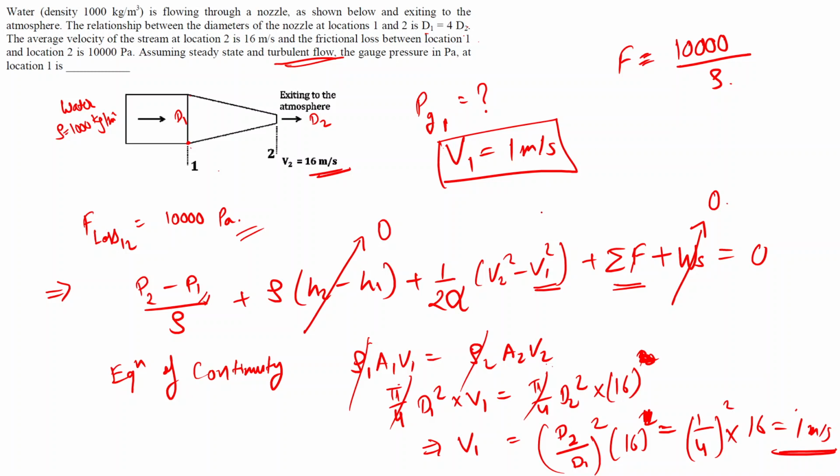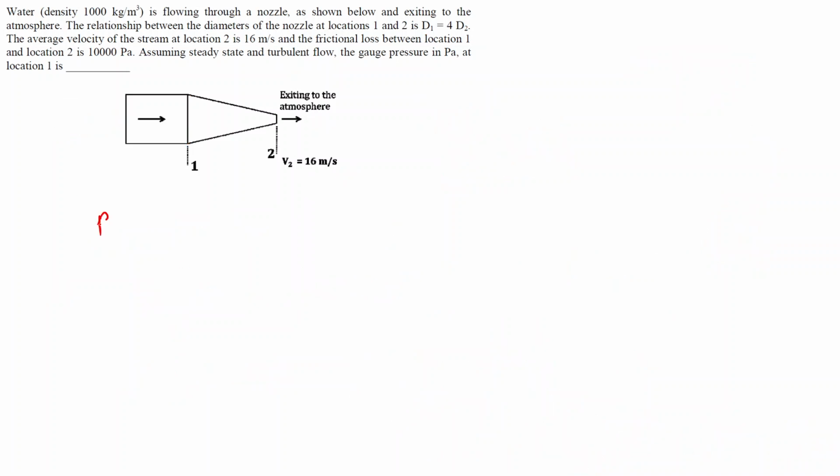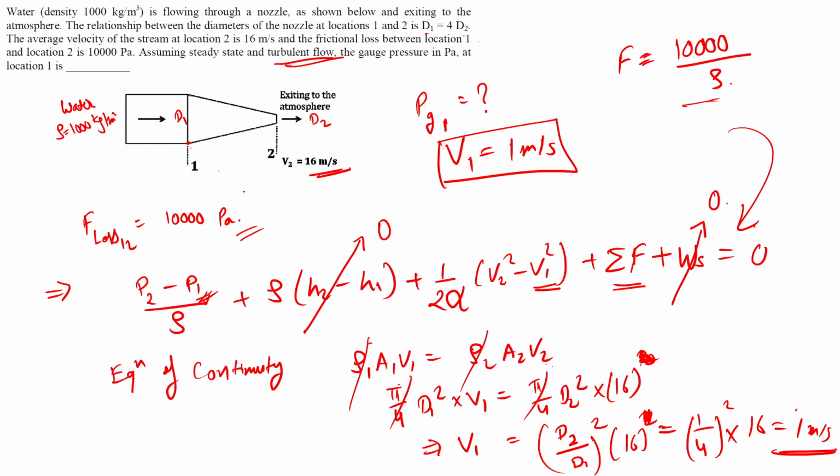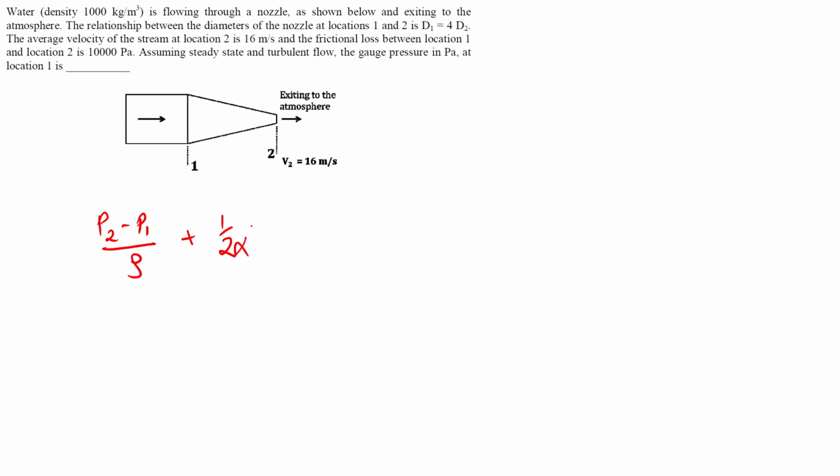So now we will replace the value of V1 and this friction loss in this equation, and then find the value of this absolute pressure P1. That will become (P2 minus P1) upon rho plus 1 upon 2 alpha (V2 square minus V1 square) plus F, which we found as 1000 upon rho, is equal to 0.